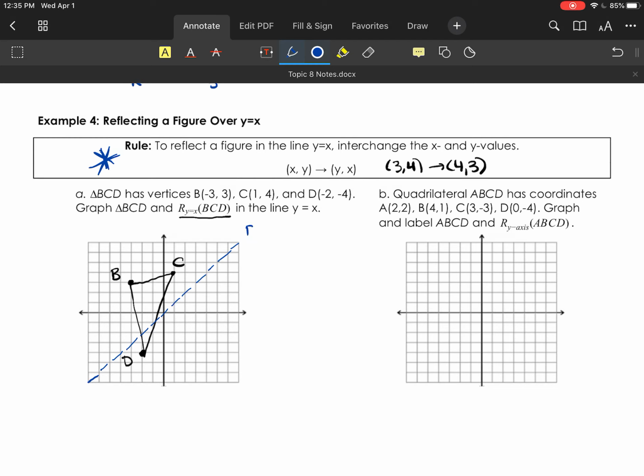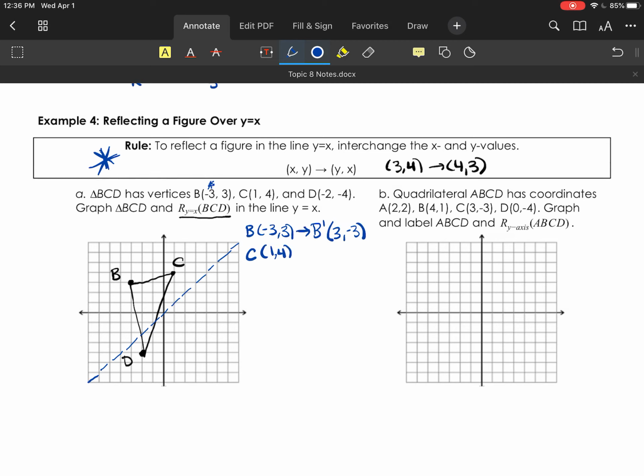So, for example, I know that point B is at (-3, 3). That's given in the problem. I'm just using this information. That means B prime, my image of B, all I'm going to do is interchange the x and the y value there. So this becomes (3, -3). I just flipped around the x and the y.